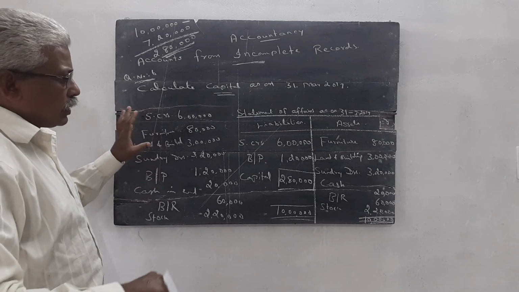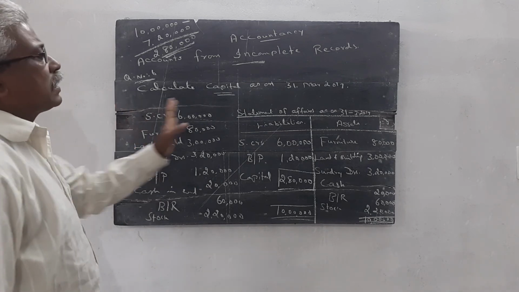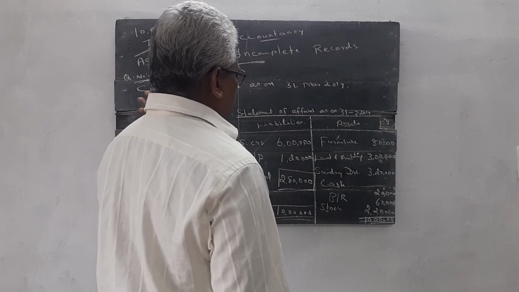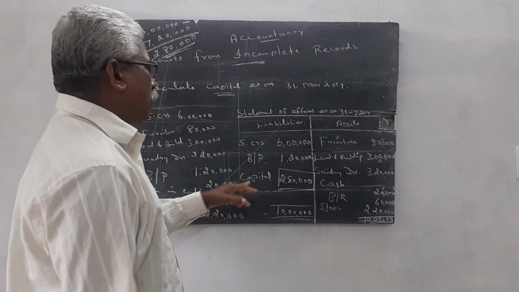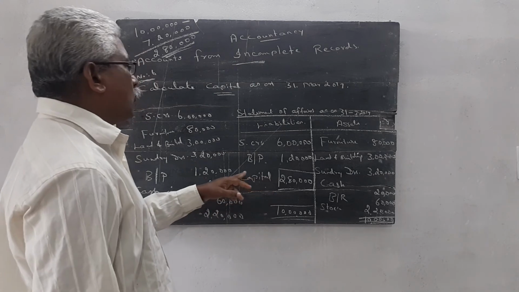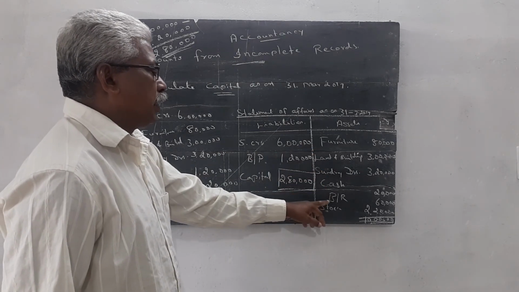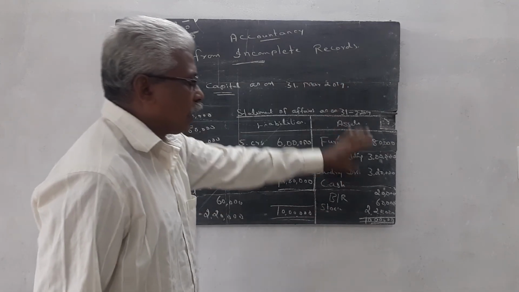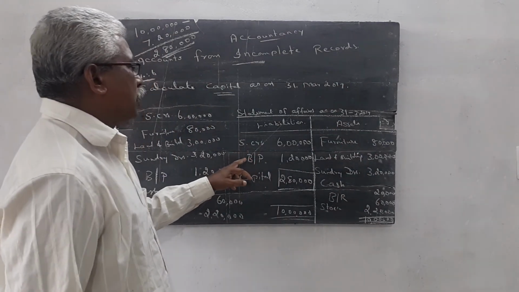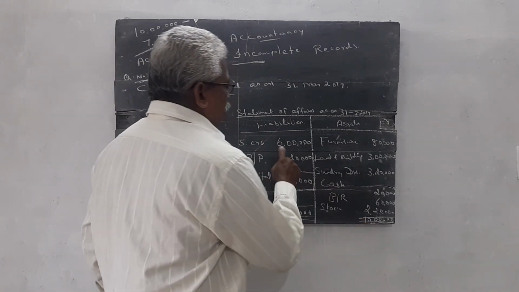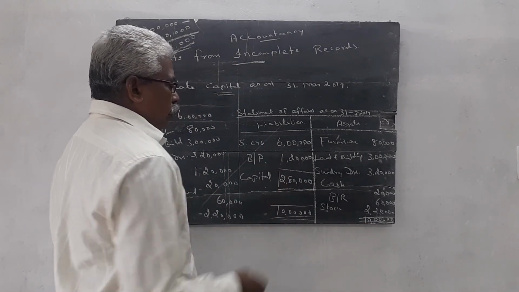Once again, just simply write all the assets on the right hand side and all the liabilities on the left hand side. The difference between assets and liabilities is called capital. Furniture, land and building, sundry debtors, cash, bills receivable, stock are all assets. Creditors and bills payable are liabilities. 10 lakhs minus 7 lakh 20,000 is equal to 2,80,000.